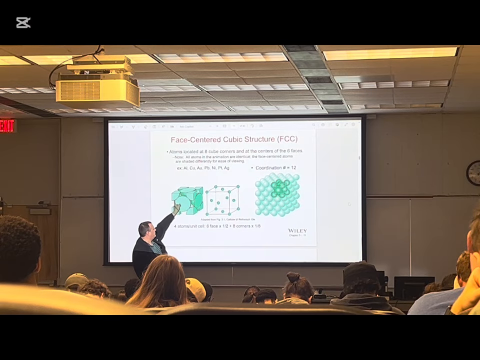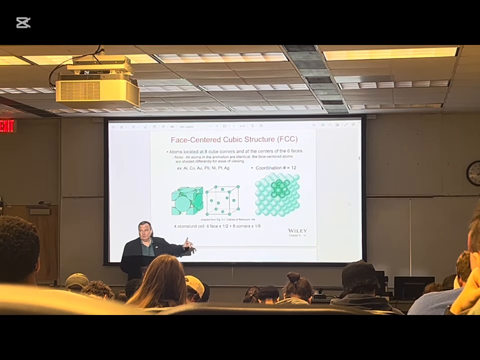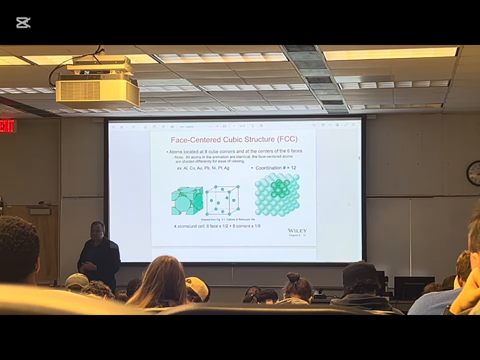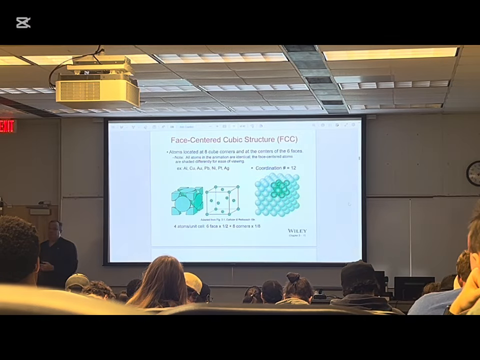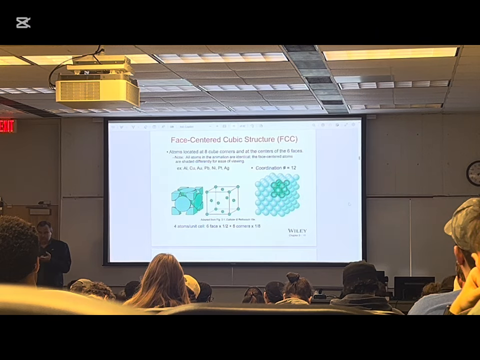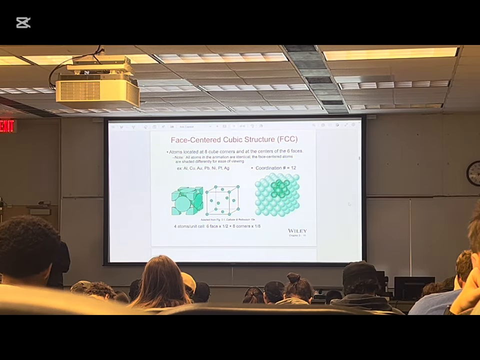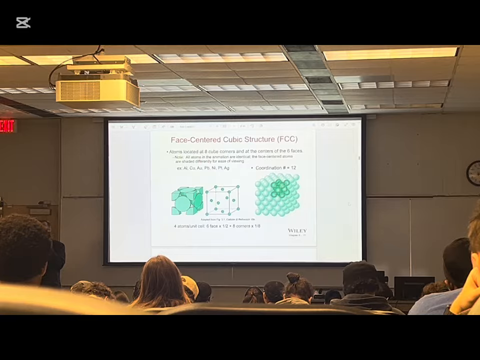And then we have 8 corners, and that's 1/8 each. So we have 3 plus 1, how much? 4. So from 1 for simple cubic to 2 for body-centered cubic to face-centered cubic, now we're packing 4 atoms per unit cell.